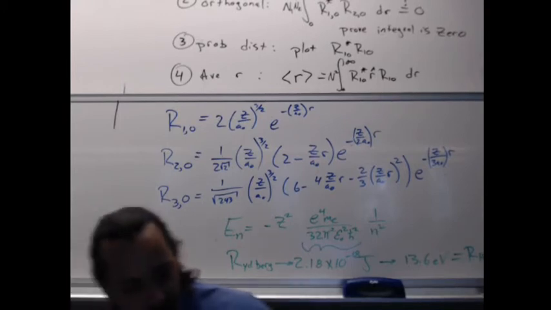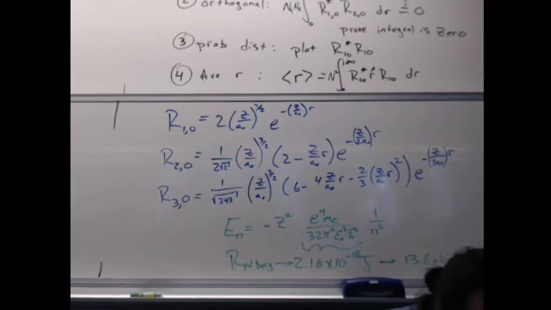Let me see something real quick here. So I'm going to do a quick check. I'm going to just say, what is psi r of 3, 2? So ooh, that's not right.